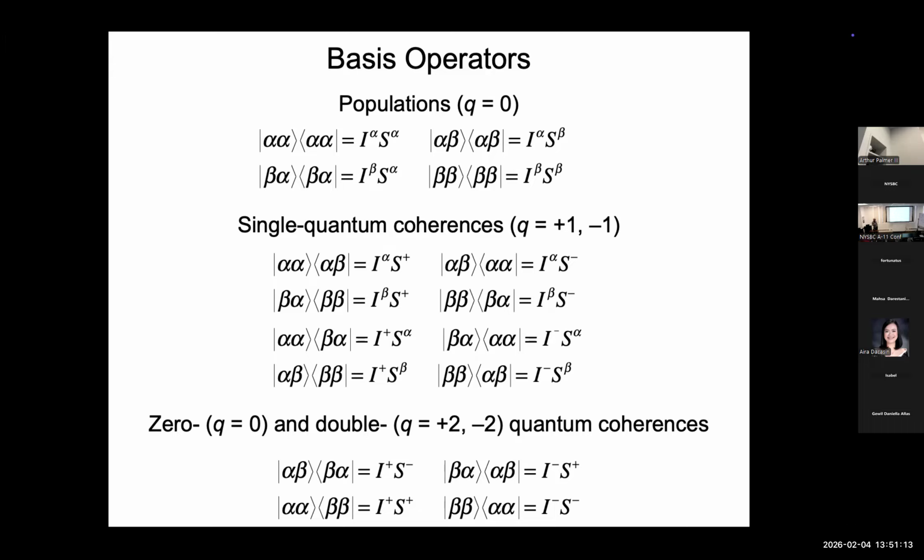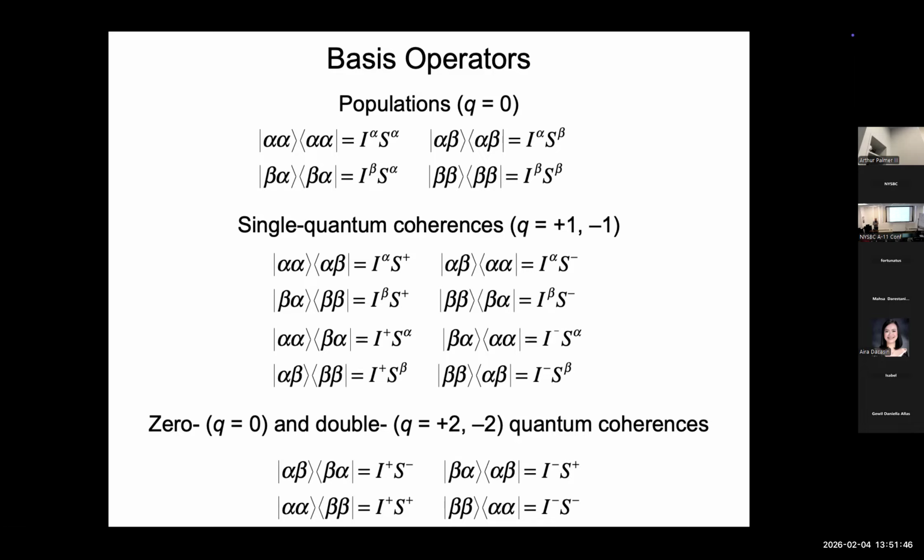So for example, the ket alpha alpha acting on the bra alpha beta: the S spin went from beta, started, everything works backwards, right? From right to left, not left to right. So beta went to alpha, so that's an S plus, whereas the I spin stayed alpha, so that's I alpha.